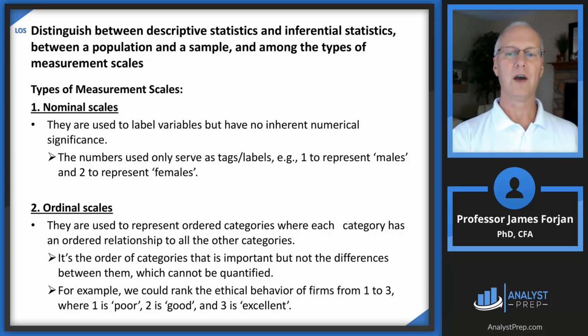On a scale, we could say 1 is I feel terrible, 2 is I feel okay, 3 is I feel pretty well, 4 I feel great, 5 I feel super duper. So what do I have in the bullet point there? 1 is poor, 2 is good, 3 is excellent. So it's a way to quantify sets of behavior or how you feel.